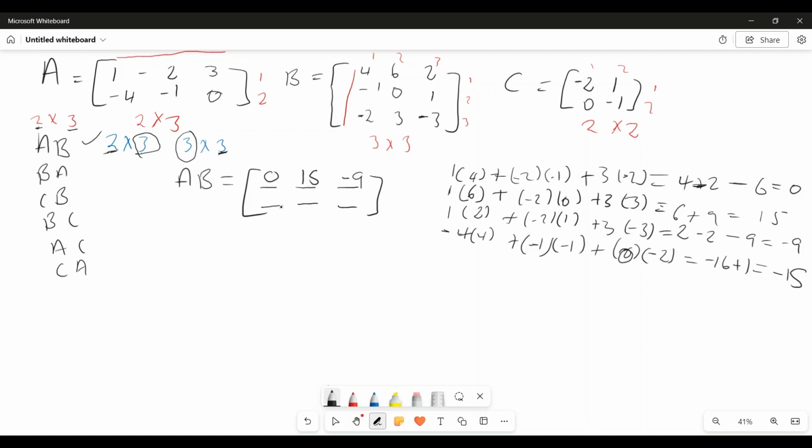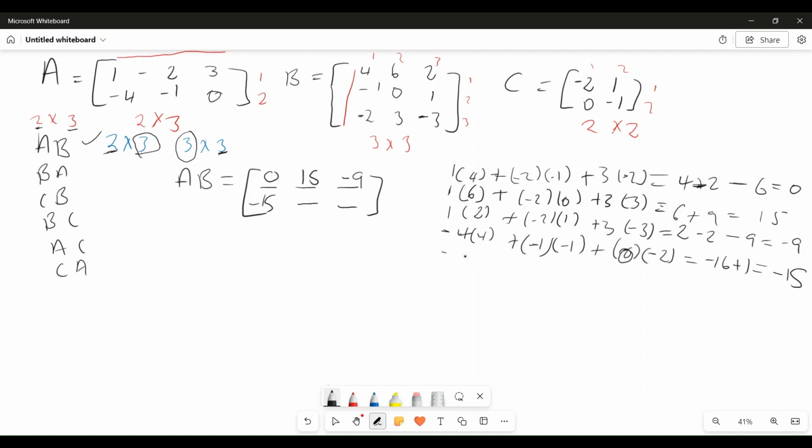So on this entry here, we're going to have minus 15. Then go ahead and do the second column in B.